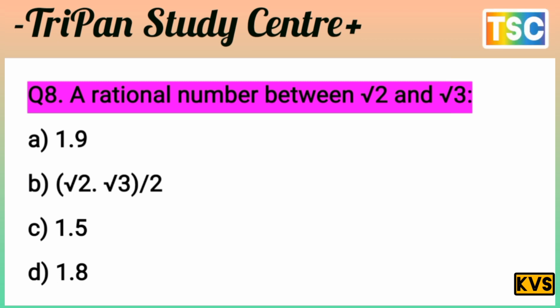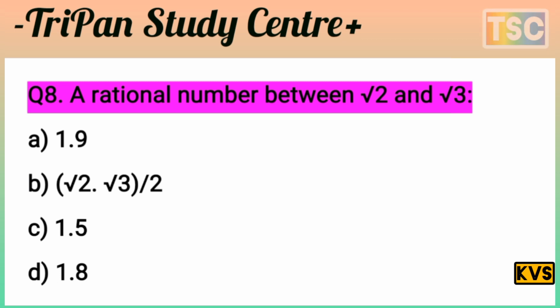The value of under root 2 is 1.41, and the value of under root 3 is 1.732.